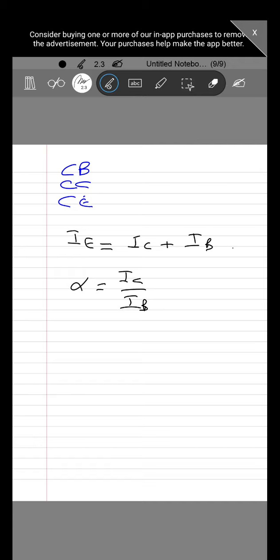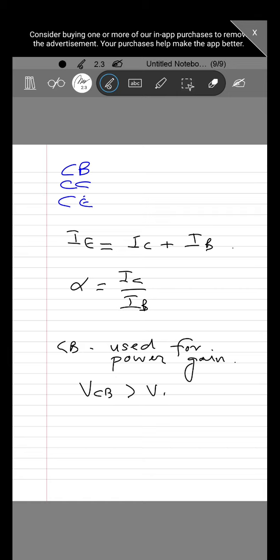The common base configuration is used for power gain. It is when the collector base voltage is greater than the base emitter voltage. So when the voltage in this part is more than the voltage drop in this part, you have a power gain.